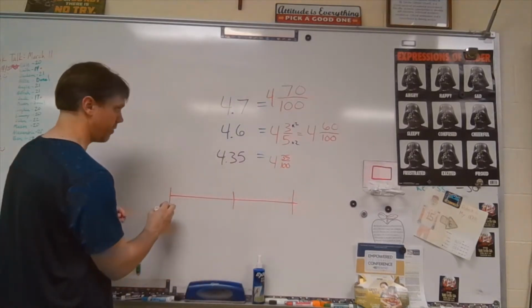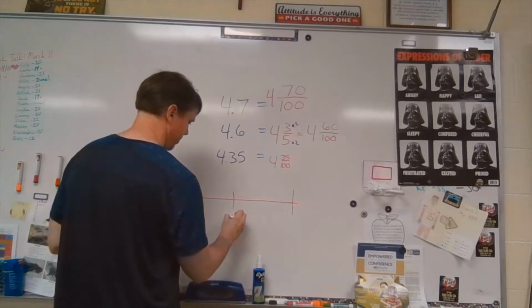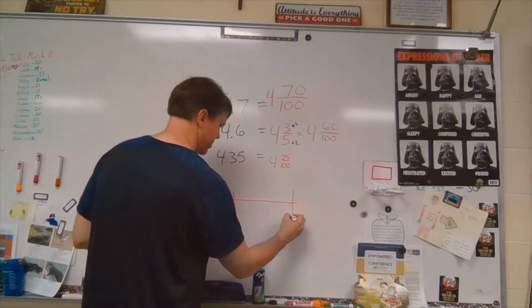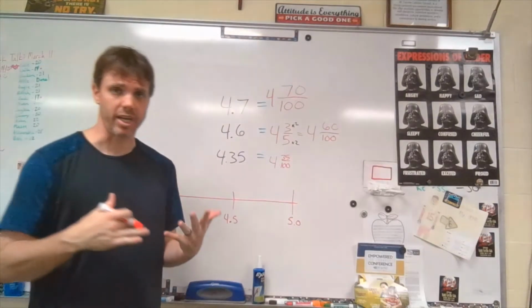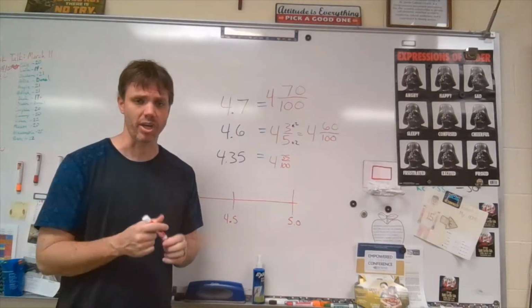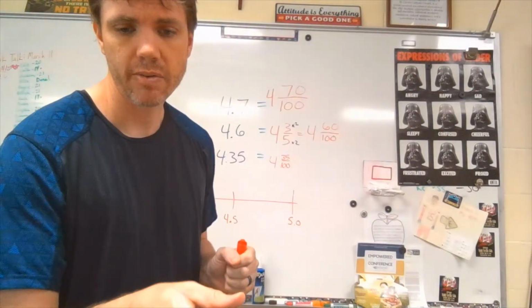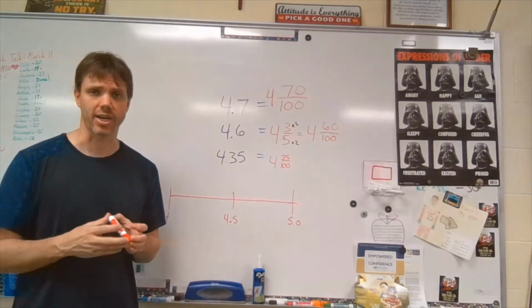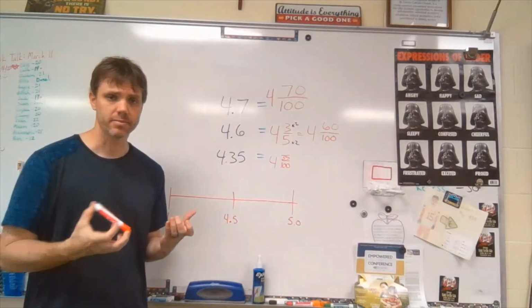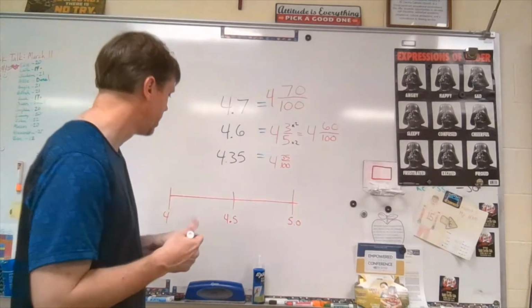If this is 4, and we make this 4.5, and we make this 5.0, I realize that they give you a number line that's going up by 5/100ths each time for each line. So you could really easily put the numbers on that number line.